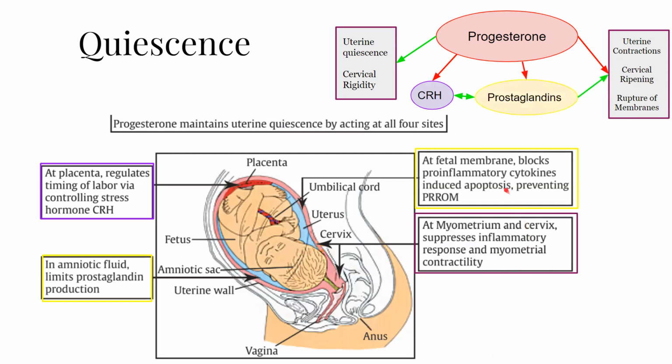It also inhibits prostaglandins, and prostaglandins and other inflammatory cytokines are going to be responsible for the rupture of membranes, which is basically the water breaking. And then it's going to decrease prostaglandin production in the amniotic fluid too. So this is stage 0.